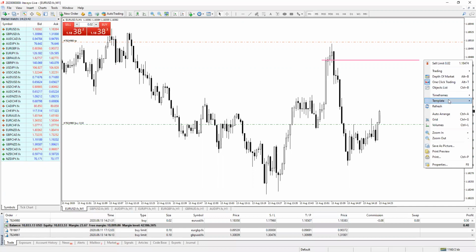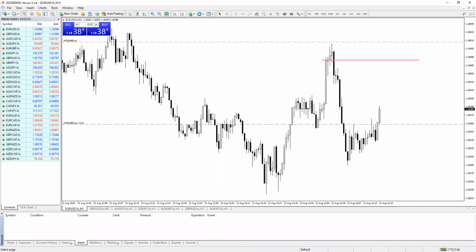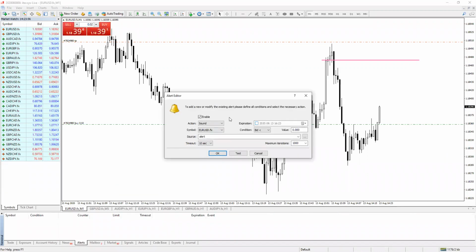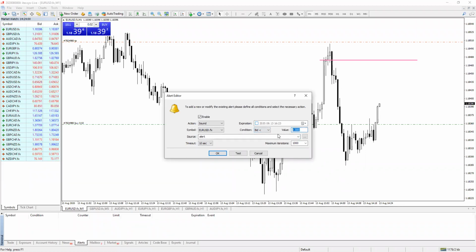So let's also put an alert so we'll hear it. Where's the alert? Make a sound when bid is higher than 118.48.